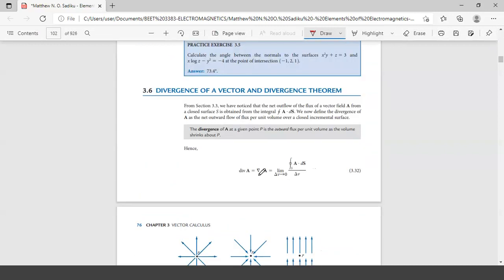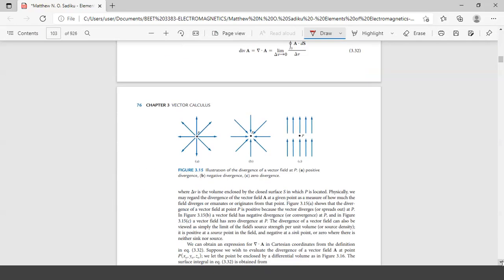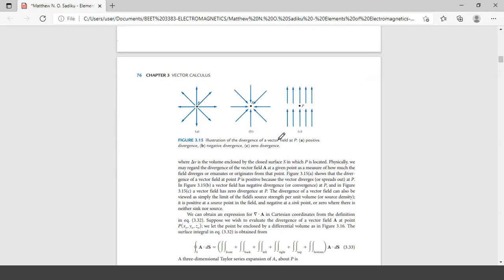So divergence of A we can also solve through integration: the closed integral of A dot dS divided by the differential of volume, with the limit as the differential of volume approaches 0. So this is an illustration of the divergence of a vector field at P. A is a positive divergence, meaning the field goes outward, B is a negative divergence, going inward, and C is zero divergence.